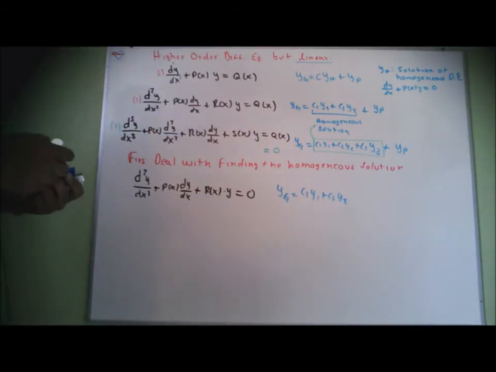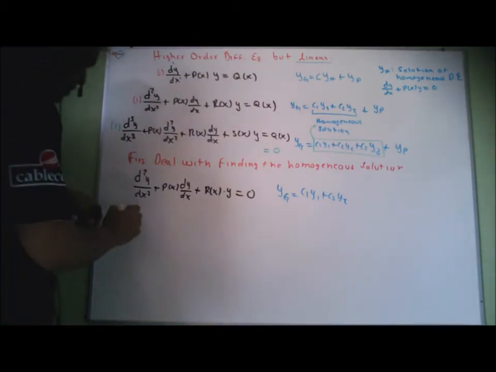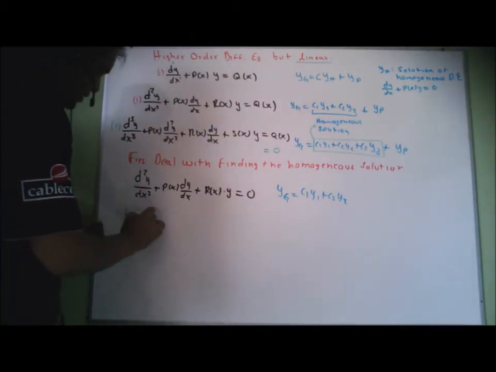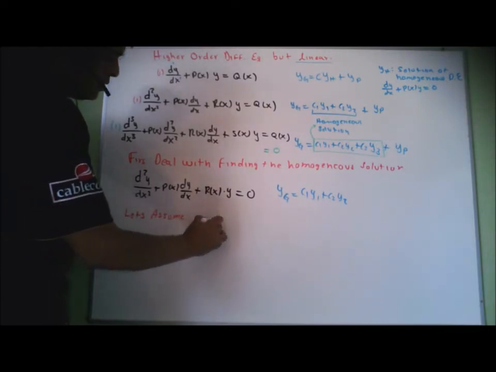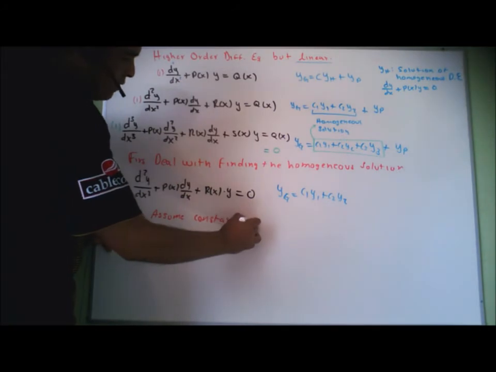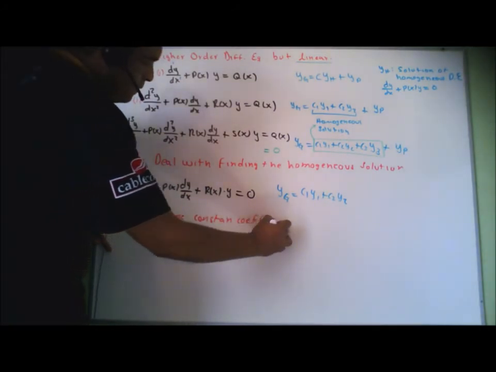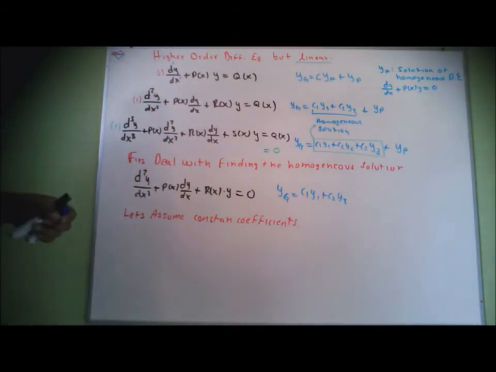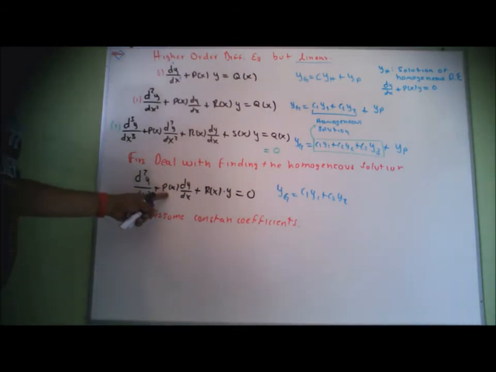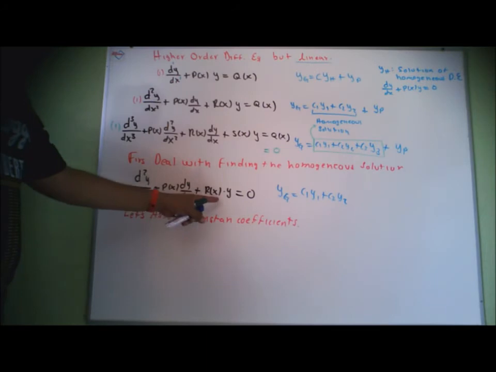Okay, to make this even easier, let's assume constant coefficients. So what does that mean? Well, p of x is not a function of x, and r of x is not a function of x.